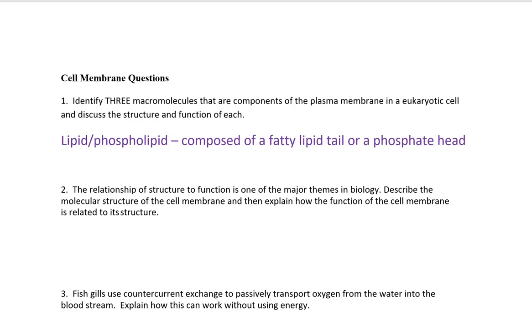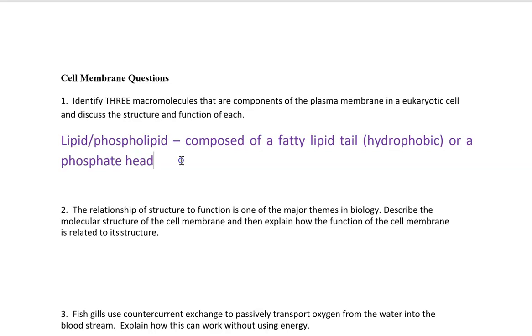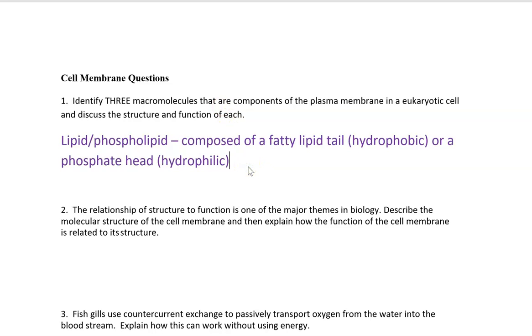You might also want to add to this that the fatty lipid tail is hydrophobic and the phosphate head is hydrophilic, because those structural components are actually very important to the function of the molecule in the cell membrane, right?